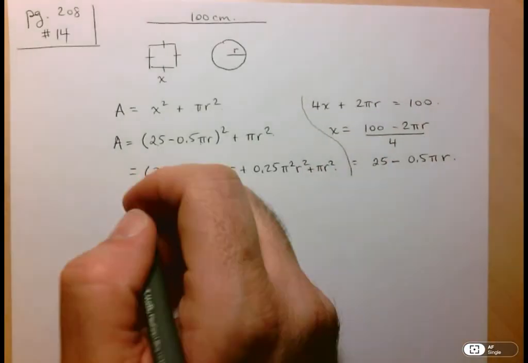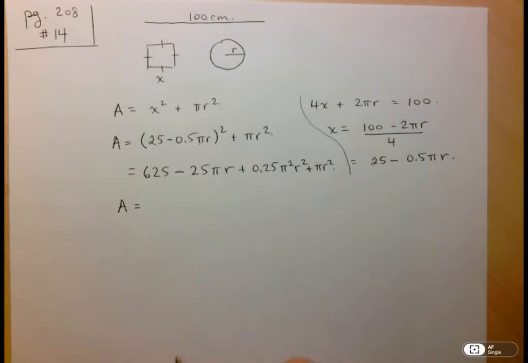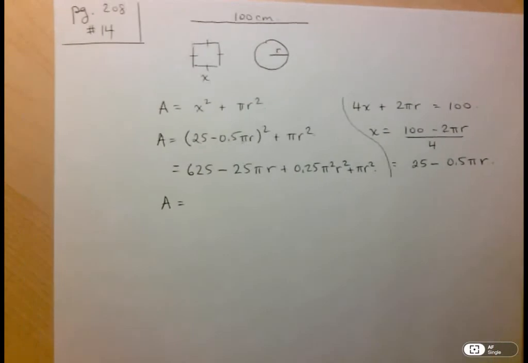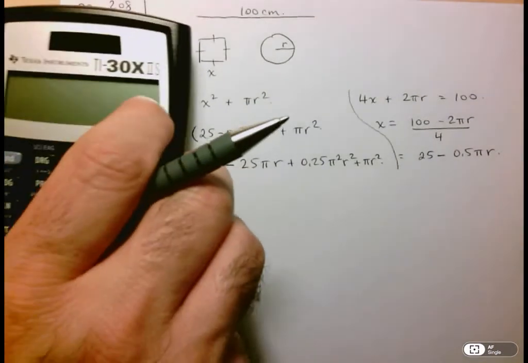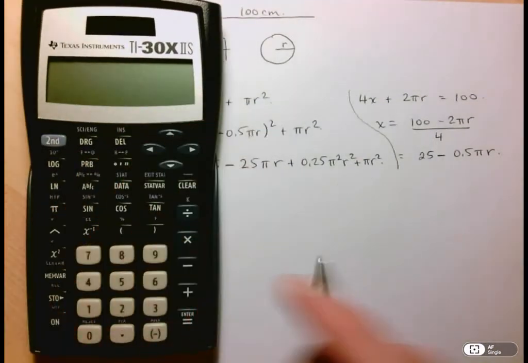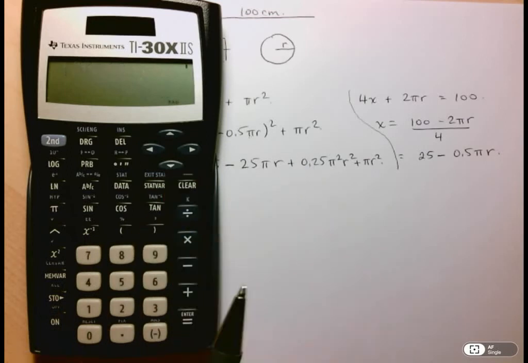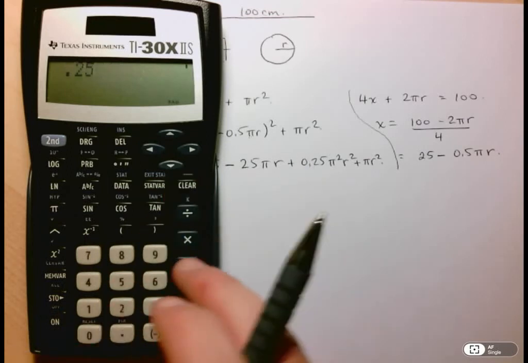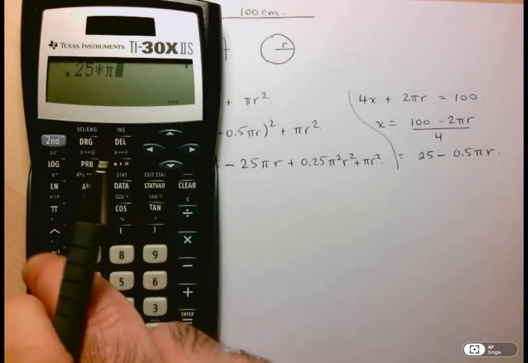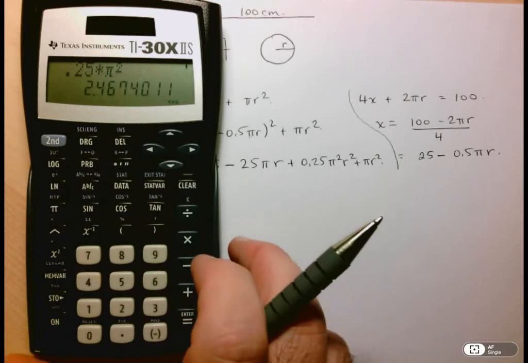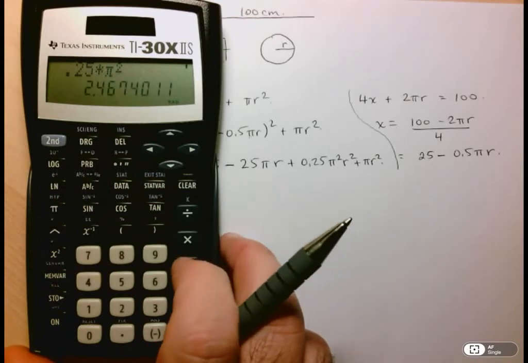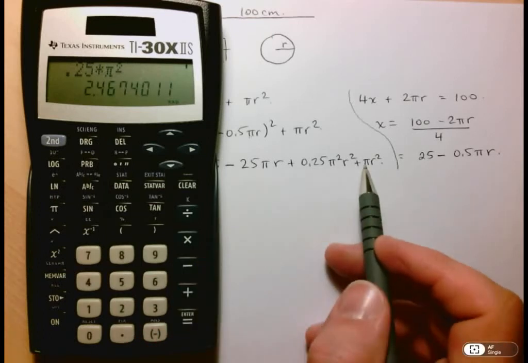Now let's bring everything together. Since this is an application question and I'm dealing with pi's, I will approximate the answers here. Let's bring together the r squareds. We've got 0.25 times pi squared, and then of course we have to add pi.